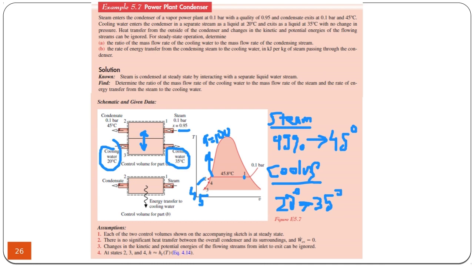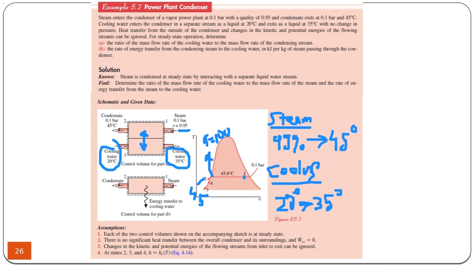In the second part of the problem, we are going to take the system as only the cooling water, whereas in the first part, the whole heat exchanger is taken as the system. So in the first part, the open system has two inlets, the steam inlet and cooling water inlet, and two exits, the condensate exit and cooling water exit. However, in the second one, the system has only the steam part.